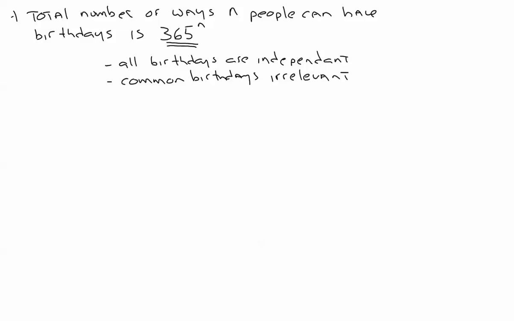This is just simply the total number of ways that a group of n people can have birthdays. Everybody's got an independent birthday. Common birthdays are allowed, and the group of n people may or may not have common birthdays. That's irrelevant at this point.